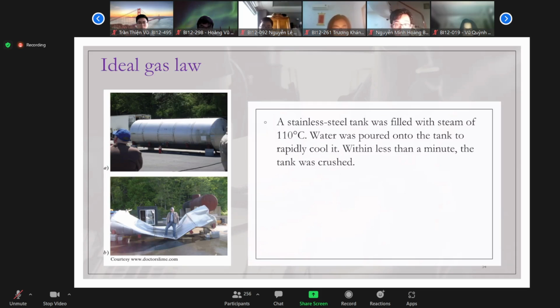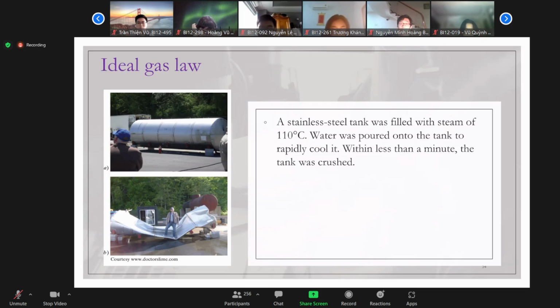Remember that the ideal gas law is written as PV equal nRT. Then what we have is that the volume is constant, right? The volume of this tank is actually a constant.